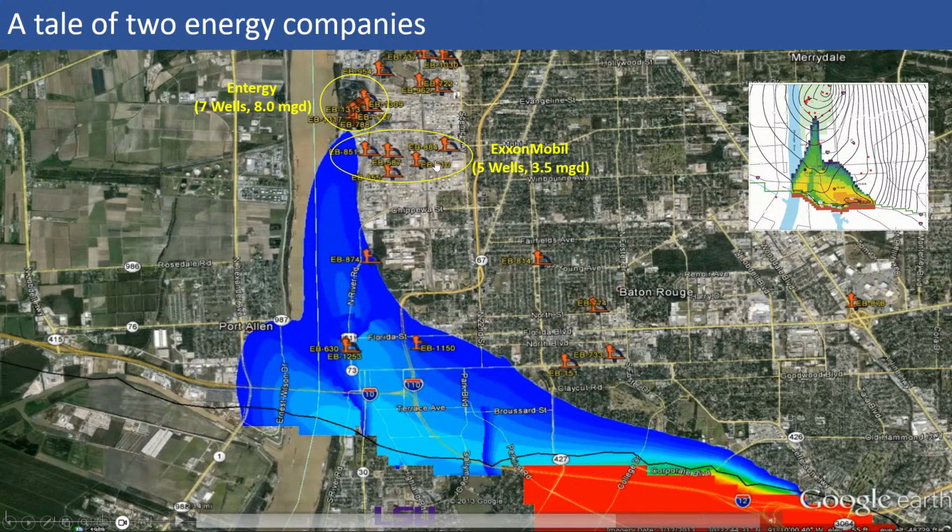So the salinization will occur here and not here. So now the question is, which model should we believe? If we want to build a design, which model should we use? The one that tells us that the saline plume will go to ExxonMobil, or the one that tells us that it will go to Entergy? How could we select between these two models to build our design?